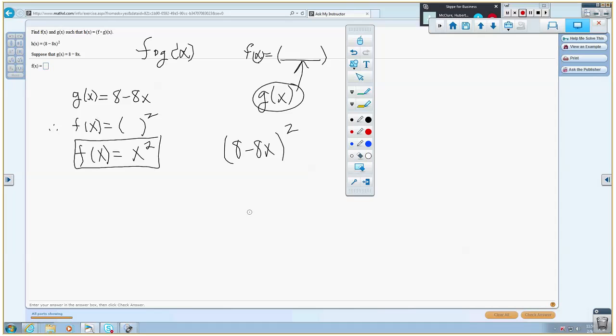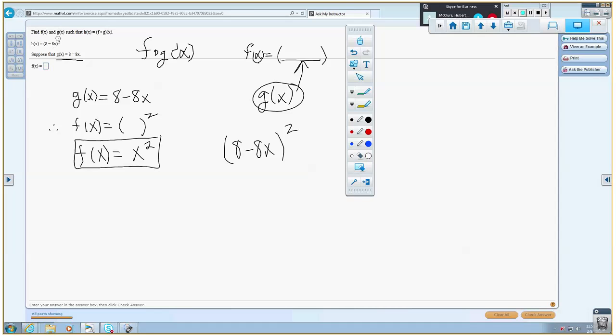Some people think that that's so easy, it's complicated. And then other people think, golly, you've got to go around the world to get the answer. Well, not really, because they give you the answer right here when they say G of X is equal to 8 minus 8x. Well, if G of X is equal to that, then F of X has to equal what?